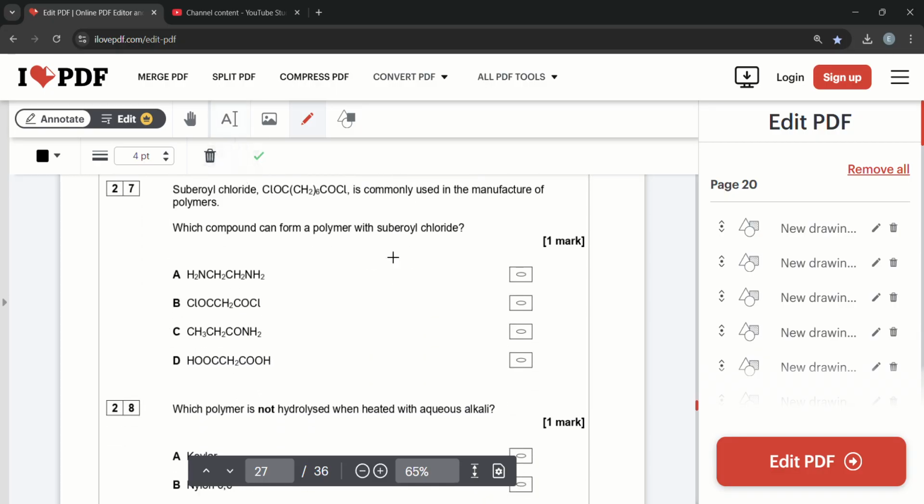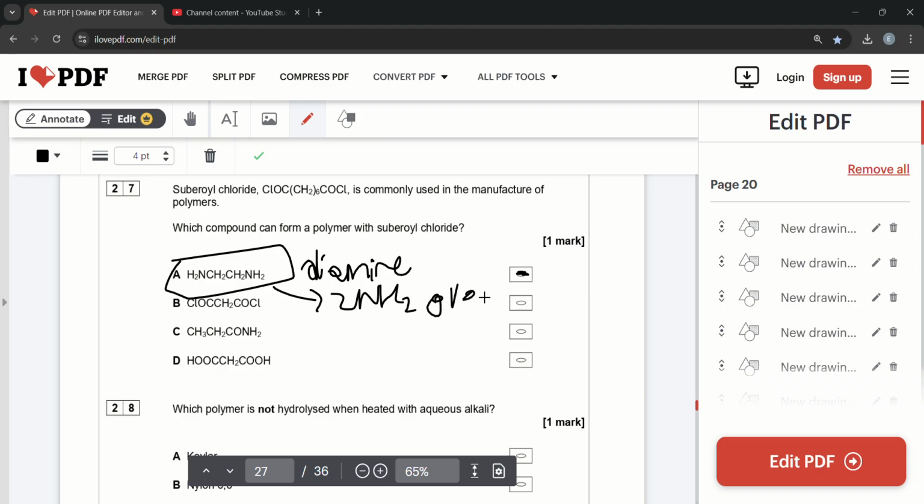Which compound can form a polymer with suberoyl chloride? Well, we're going to look for a diamine, because that's a diacyl chloride. So diamine A, it's got two NH2 groups. Whereas with B, it's a diacyl chloride, so we can't react both of them. C, that's got methyl and NH2, so that can't be it. And D, it's two carboxylic acids.